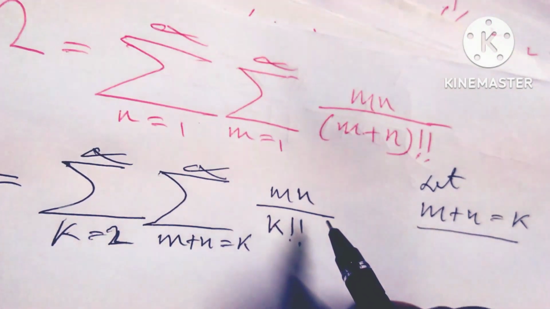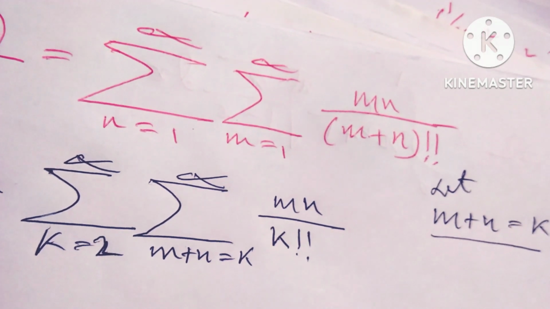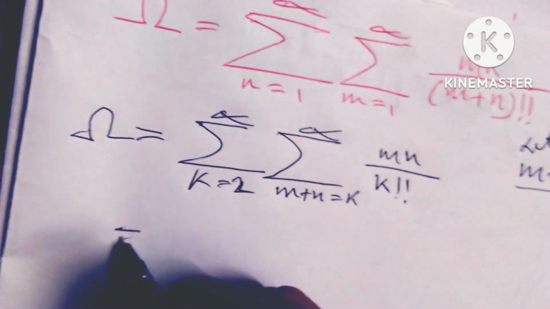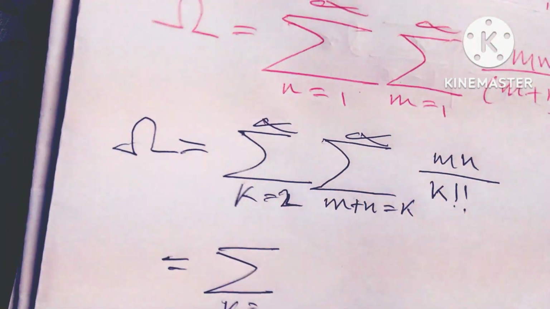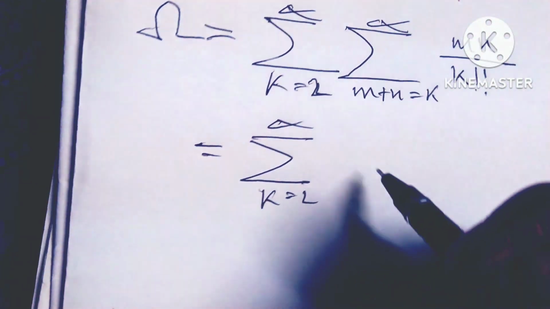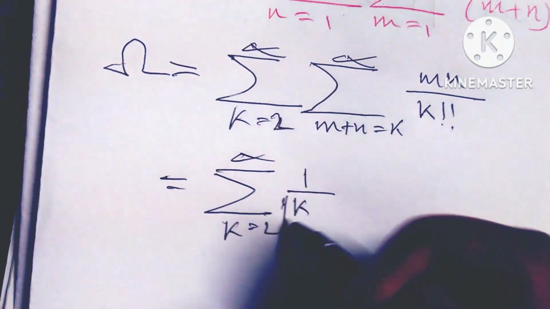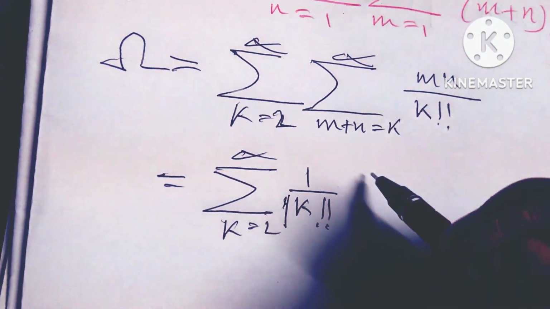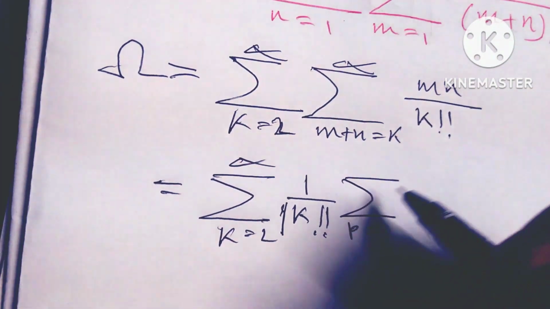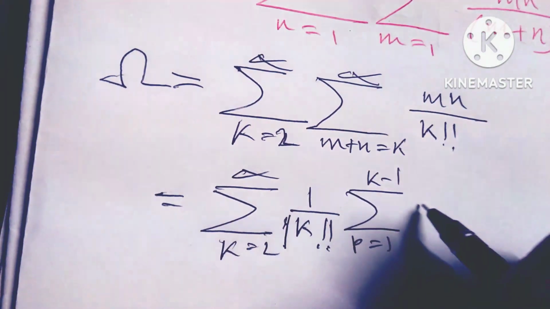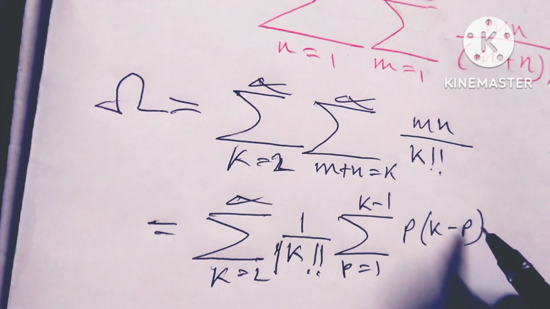And after that, I can write this equation as the summation k equals 2 to infinity, 1 by k double factorial, times the summation p equals 1 to k minus 1 of p times (k minus p). Just changing.